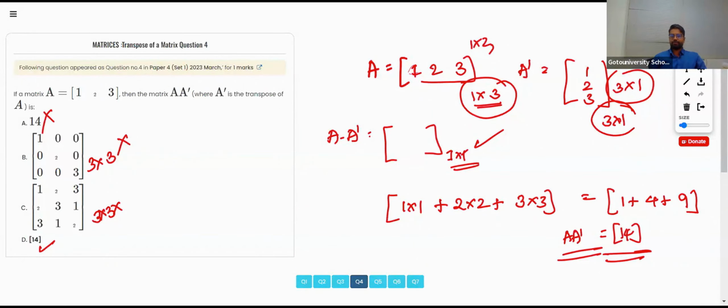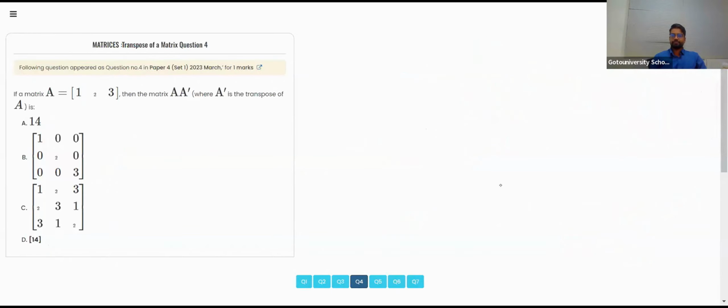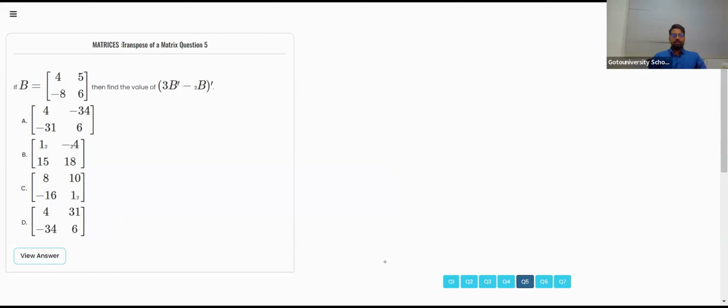Let's go quickly to the next question. Right. There is a matrix given, B. Let me write this. So this B value is given: 4, 5, minus 8, 6.